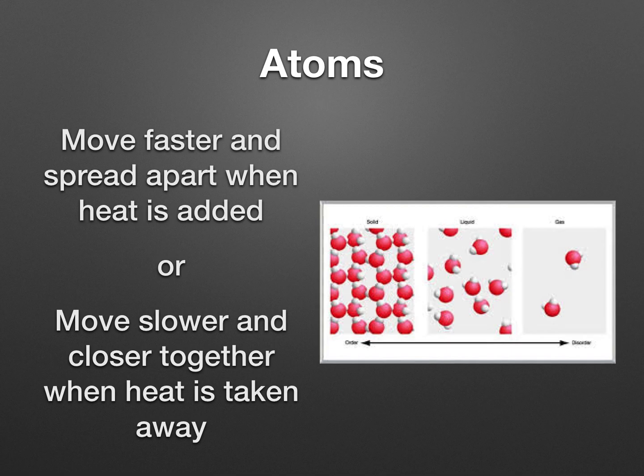With solids, they're closer together and moving slower because that gives them their shape. And then as you go from liquid to gas, they start to spread out and move faster. What can make this happen would be the effect of heat on it. So atoms either move fast and spread out when heat is given, or if you take that heat away, they will do the exact opposite.